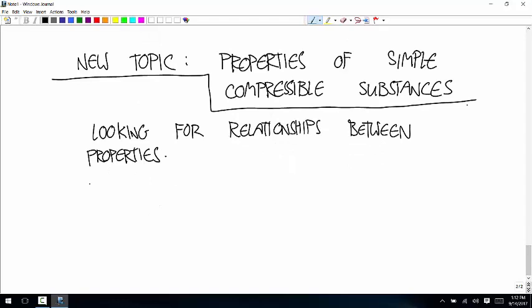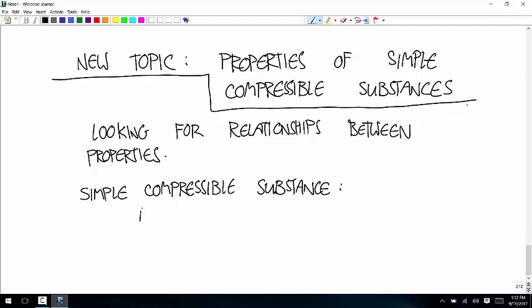And if the material is a simple compressible substance, that means that it's homogeneous, the same composition everywhere, and doesn't depend on electric fields or magnetic fields. There's no magnetic or electrical interactions in the substance.